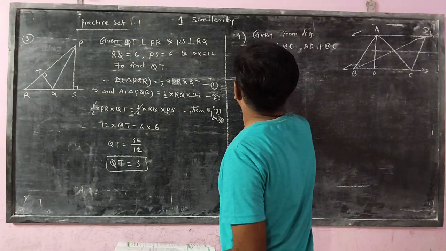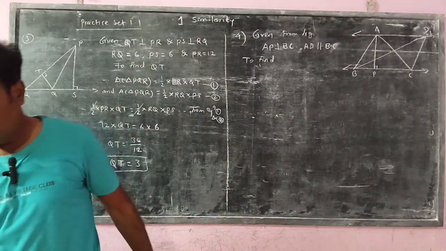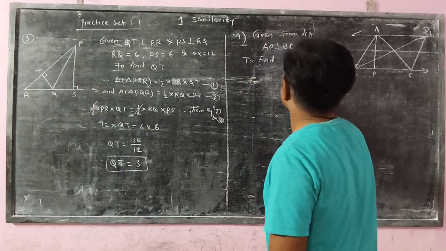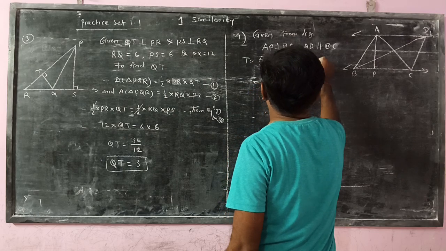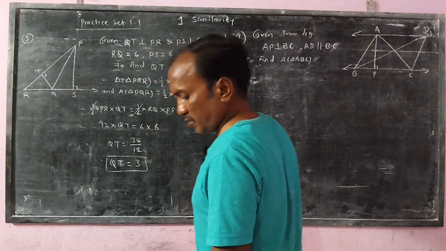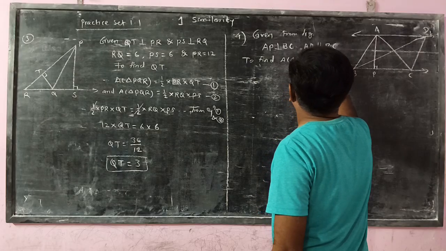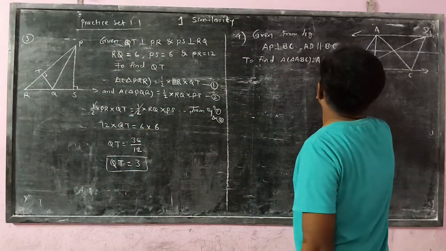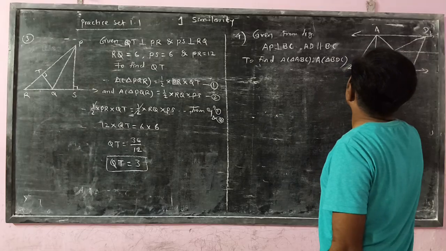To find the area of triangle ABC is to area of triangle BDC.